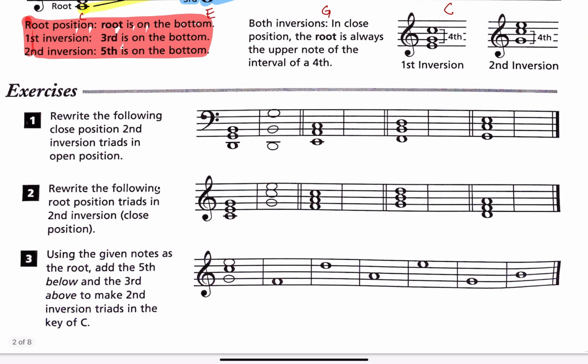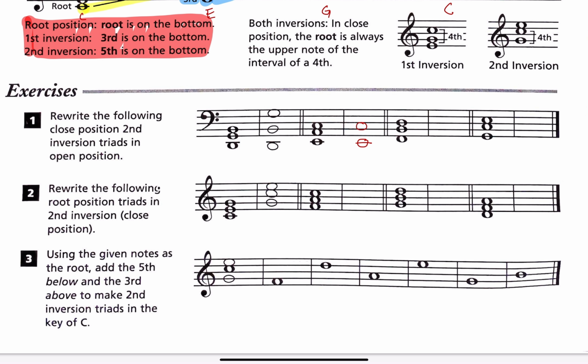Let's do the corrections. Remember, everything I have in red, you should have, and if you don't have it correctly, fix it. So, they have already put them in second inversion for you. These are already in second inversion. It wants you to change them from close to open. So, our bottom note is going to stay the same because that is the bottom of the chord. That is what tells us what inversion we are in.